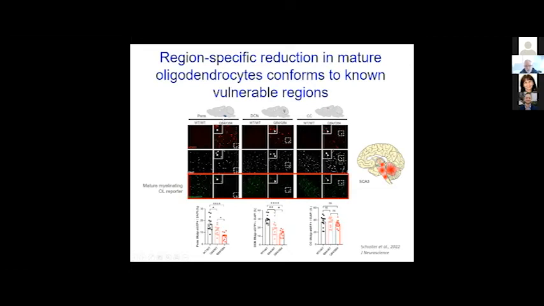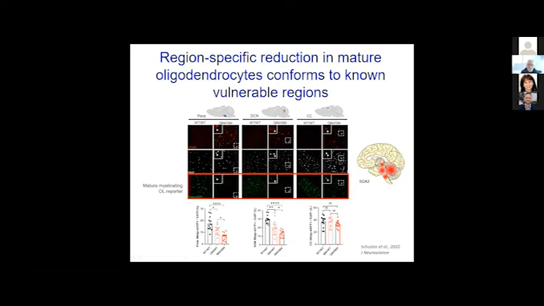But if you look at the polyglutamine SCA3 mouse model, you see marked delay in the maturation of oligodendrocytes, particularly in those vulnerable regions of the pons and of the deep cerebellar nucleus. There's very little evidence that the corpus callosum is involved in human disease, and likewise, we see much less involvement in the corpus callosum in these mice.